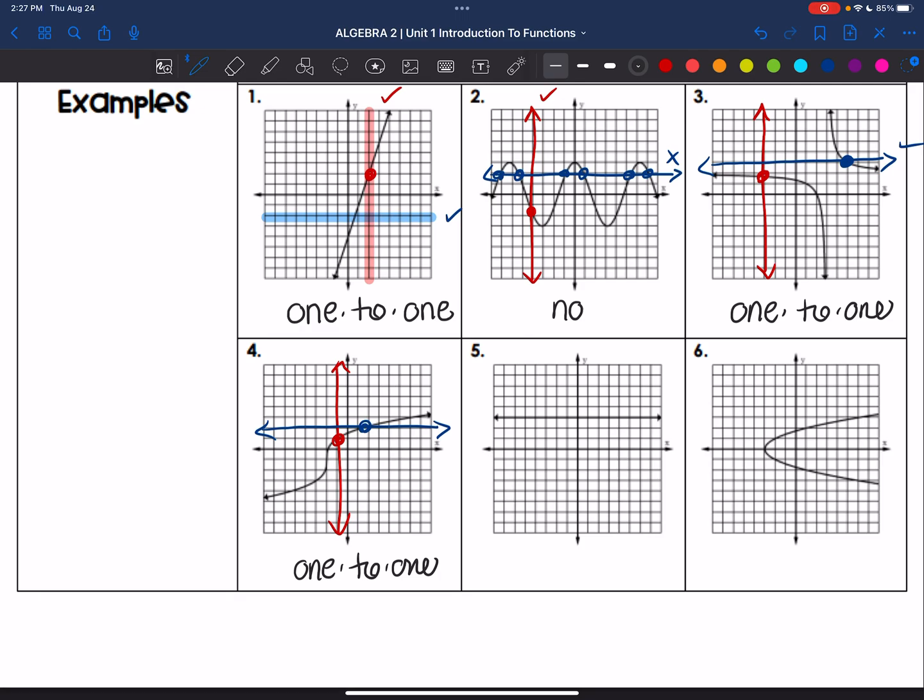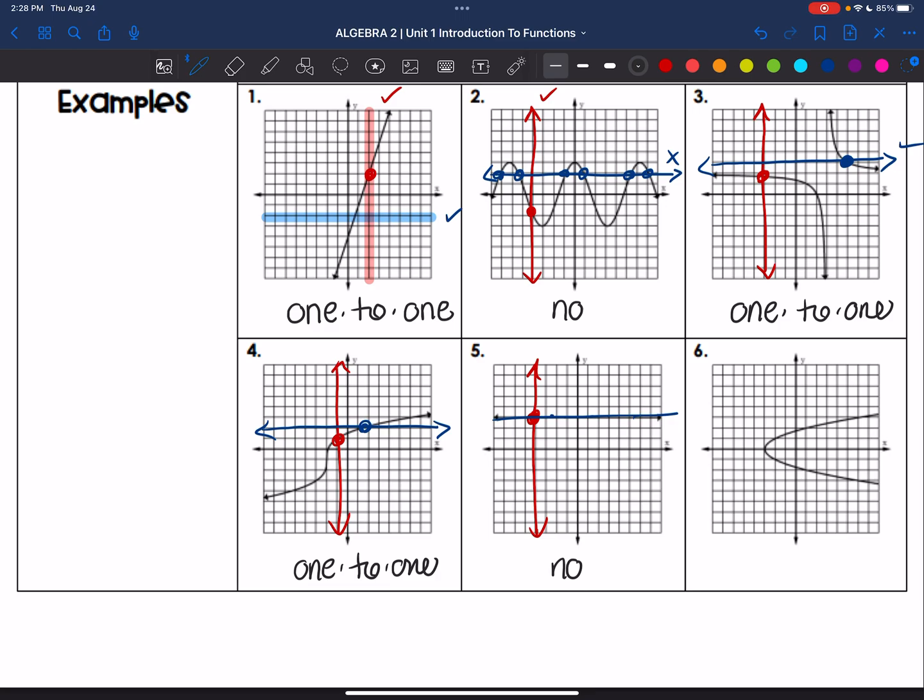Is that a one-to-one function? It passes the vertical line test. But when I run a horizontal line, it is a horizontal line. It's not just touching once, it touches all the time. So this is no, not a one-to-one function.